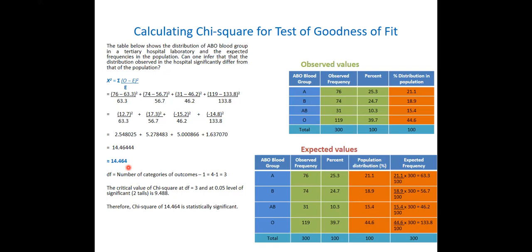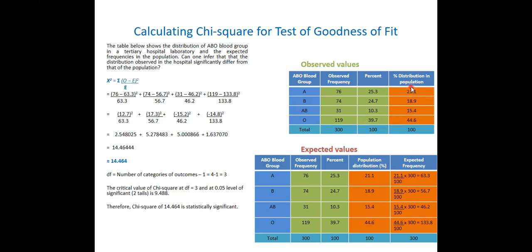When the expected value did not come as a value, it comes as a percentage. You now convert it to value. Look at the first table. That orange column is the expected percentage. For you to convert it to value, you assume that if we apply, let's say, 300 people, you calculate what is 21.1% of 300, what is 80.89% of 300.